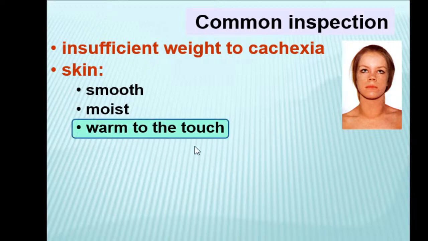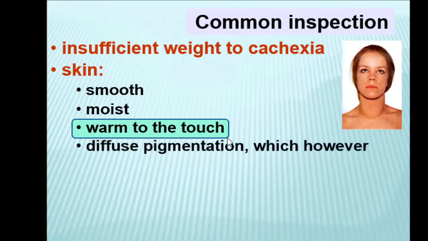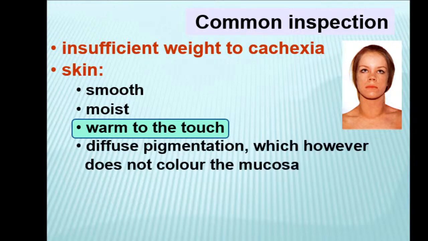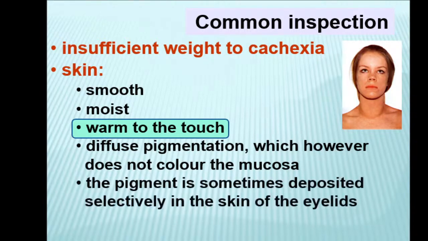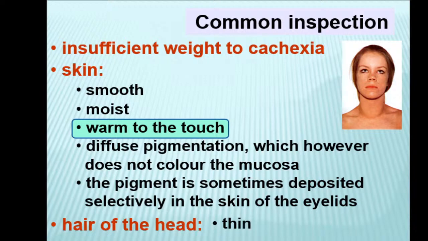You see, I separate this with an index because it's not inspection, it is palpation. We can see diffuse pigmentation, especially near the eyes, hyperpigmentation, and it also gives a specific facial appearance. Hair is predisposed to falling out and is very thin and soft.